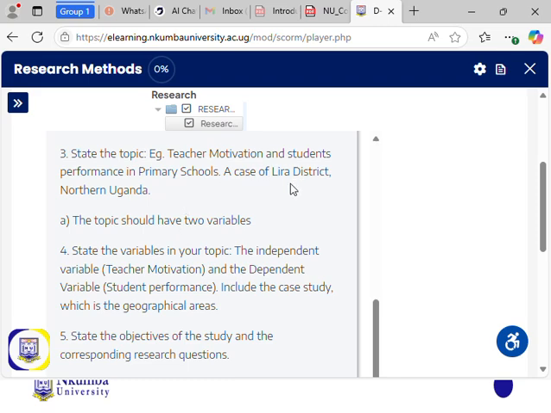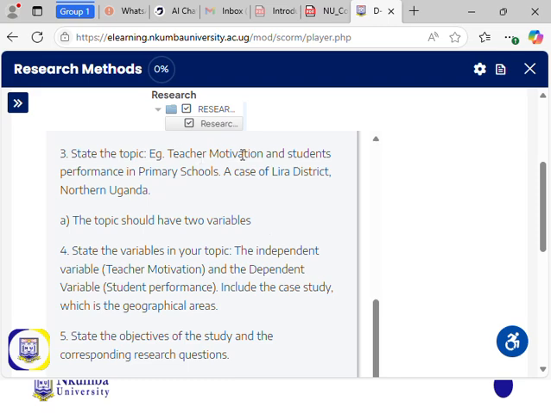But when you say case of, then you state the place, like Kampala district, Uganda. Then for this topic to qualify to be a topic, it should have two variables.